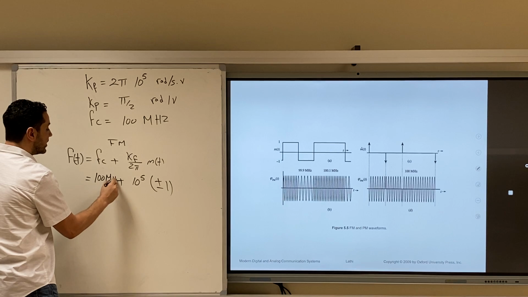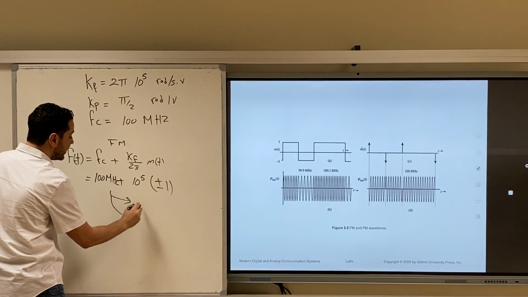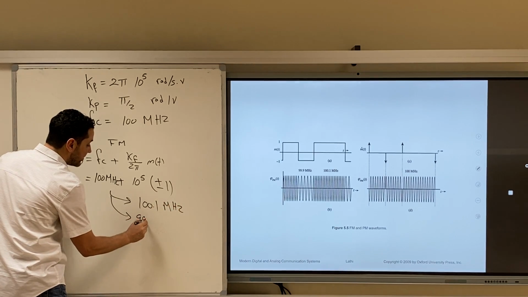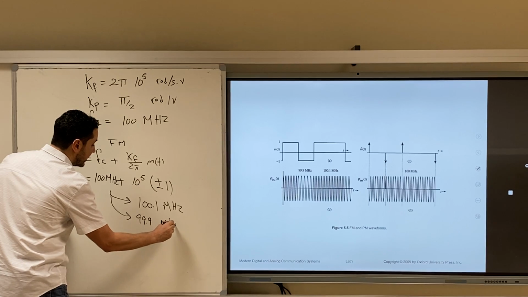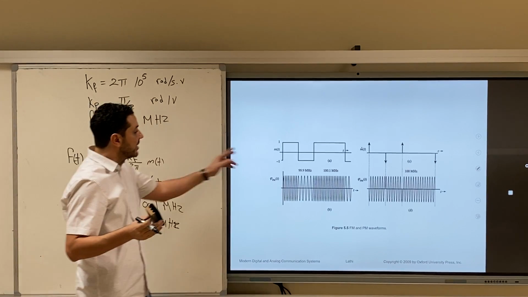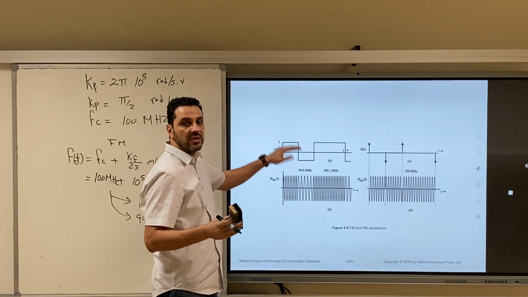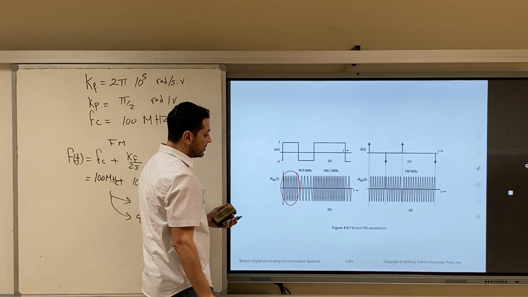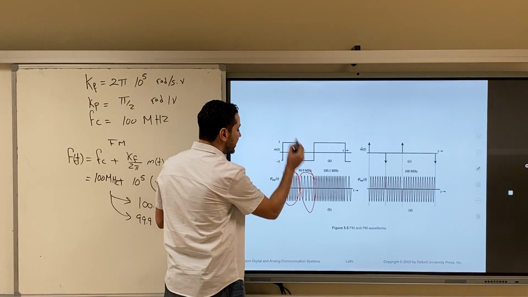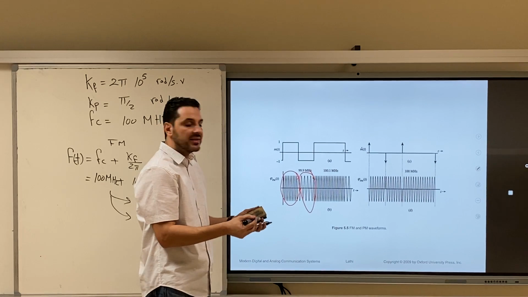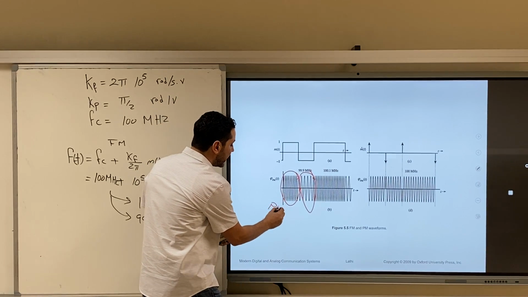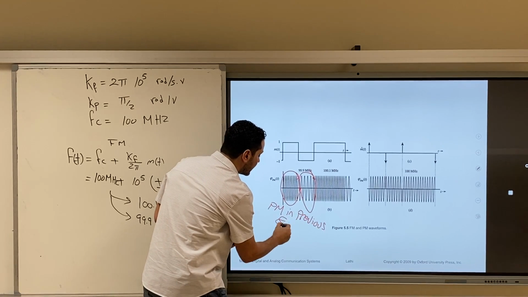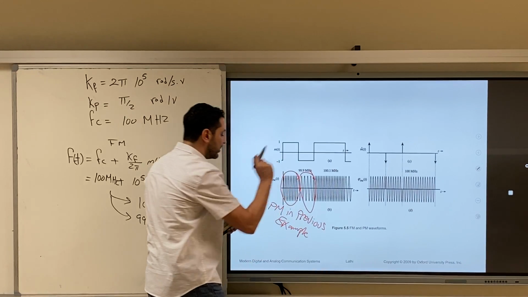So this will give you only two values, either 100.1 megahertz fixed or 99.9 megahertz fixed. There is no gradual change because m of t doesn't change gradually. So this is similar to the PM in the previous example. I don't see any problem with this.